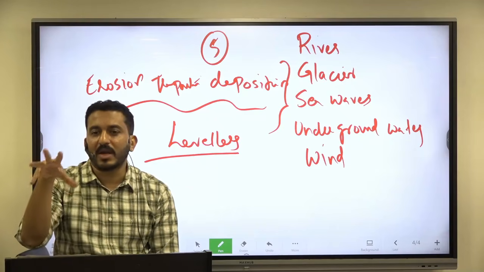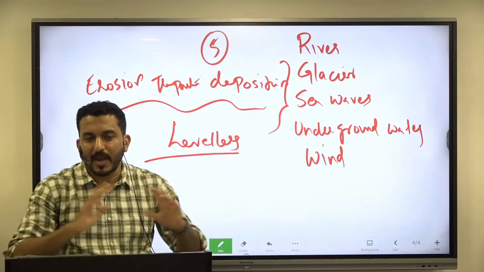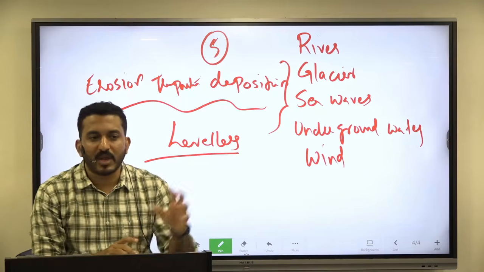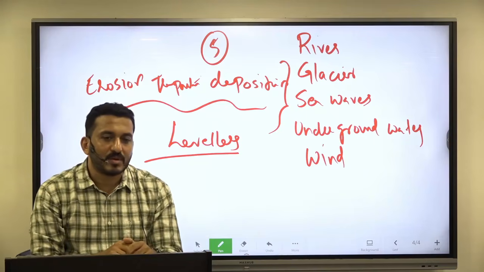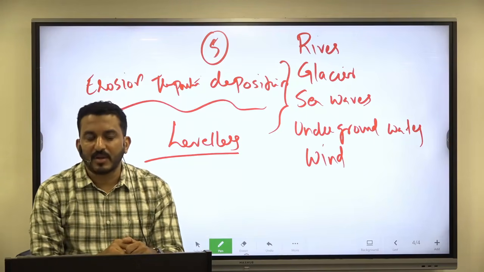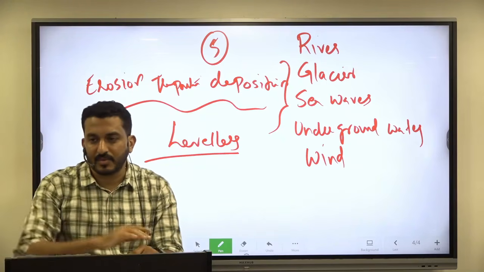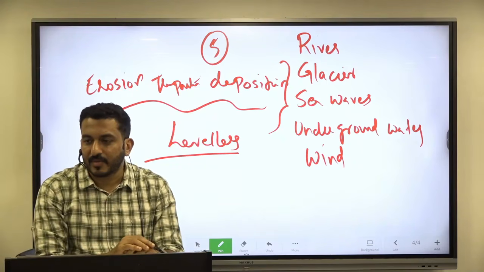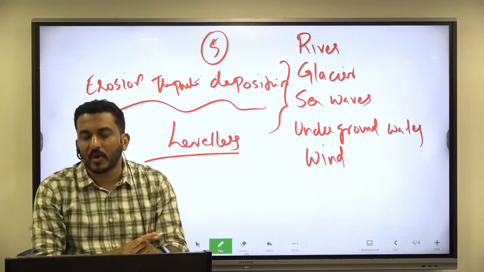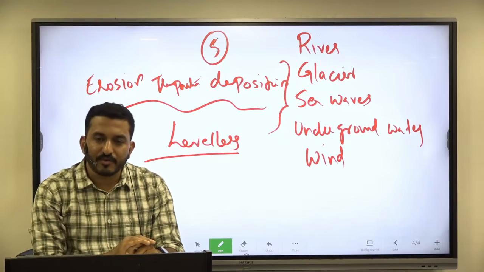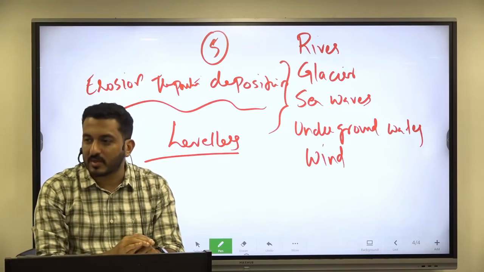I'm talking about the Himalaya, but now I'm applying it to the entire world. You take a city, Delhi. What you see today is not like this 100 years ago. It won't be like this 100 years from now. So my fundamental point is, you have two forces, endogenic and exogenic.